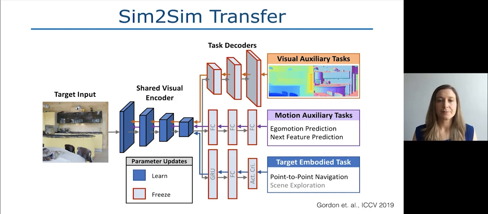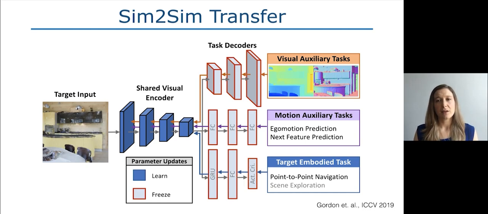And to do that, we're going to take our split net model and we're going to take our new target input images and pass them through the entire model. We're going to use our auxiliary task losses as well as our embodied task loss. But the key here is that we would like to be able to adapt the visual encoder without necessarily needing to adapt all of the task decoders.